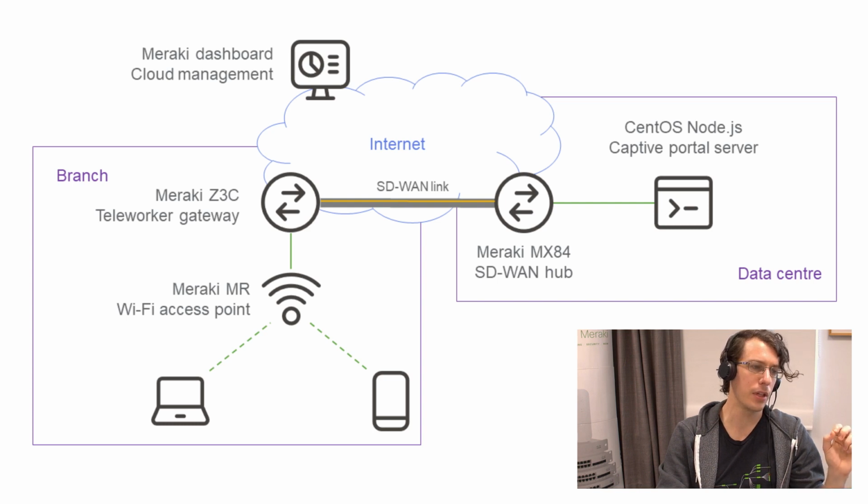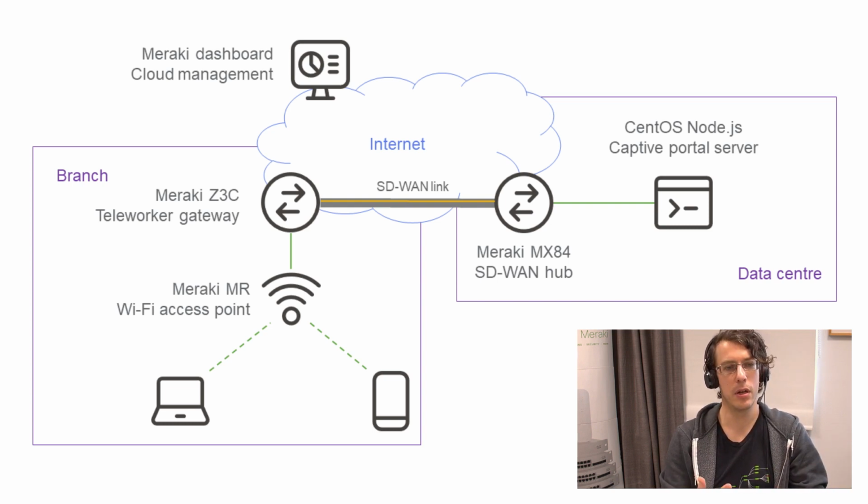Now, if I wanted, I could have just removed those two SD-WAN devices altogether and just exposed my server to the internet one way or another, either using, for example, port forwarding on a firewall or something like that.